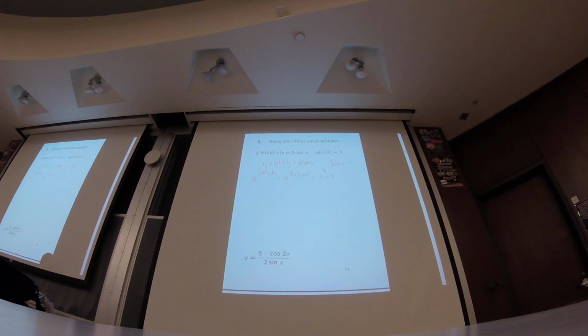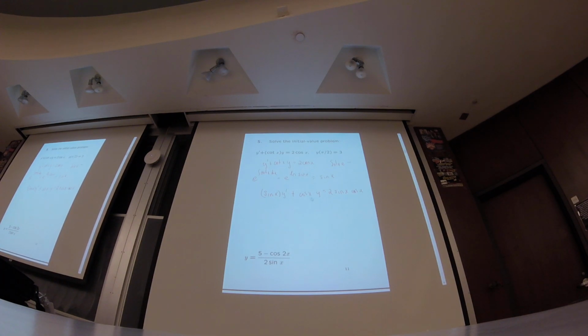So we multiply through by sine x. We get sine x times y prime plus, now sine x times cotangent. Cotangent is cosine over sine. So sine times cosine over sine is just cosine x times y equal to 2 sine x cosine x.